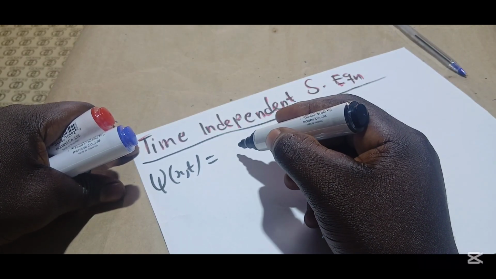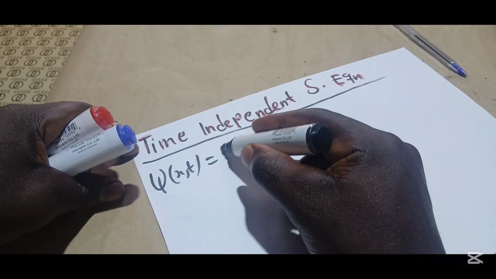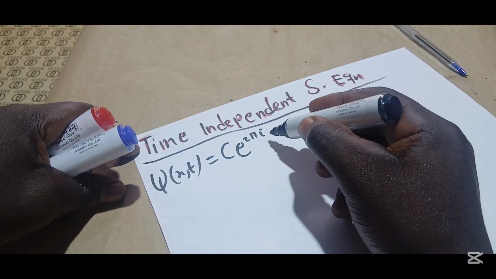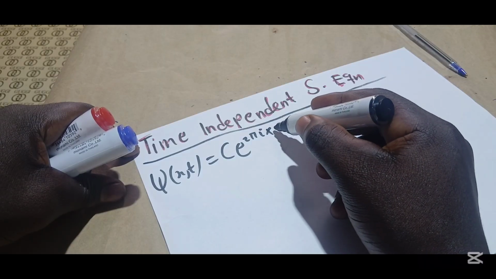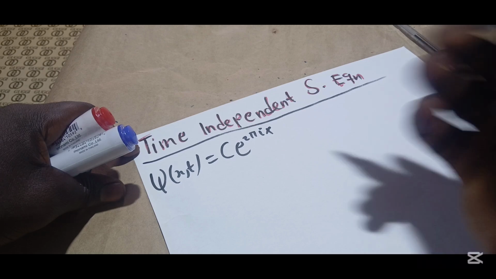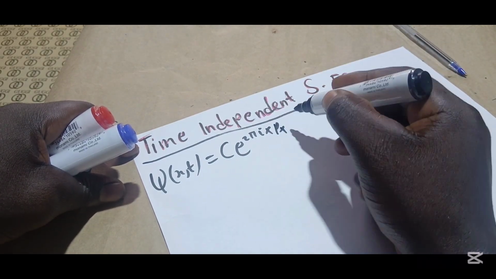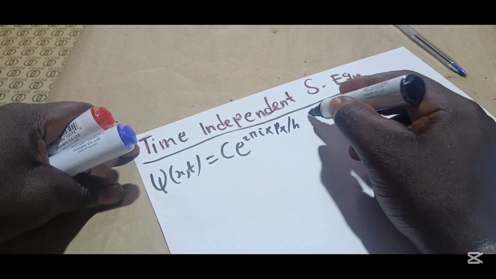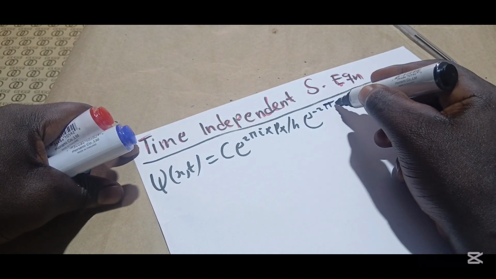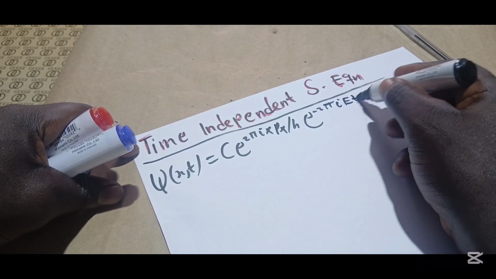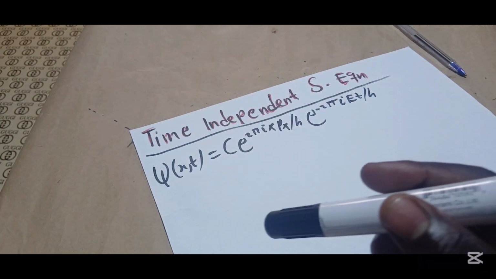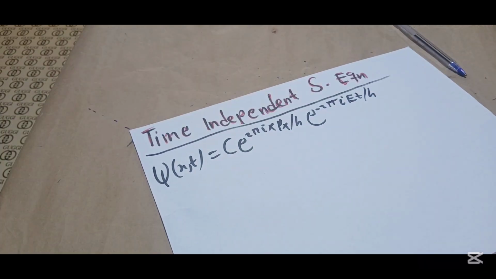So the equation is generally C e to the power 2 pi i x p_x over h, e to the power minus 2 pi i E t over h. That is in terms of x alone.